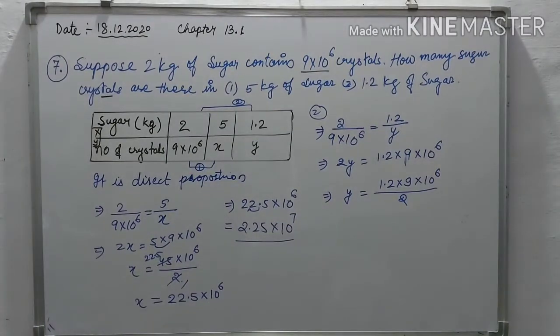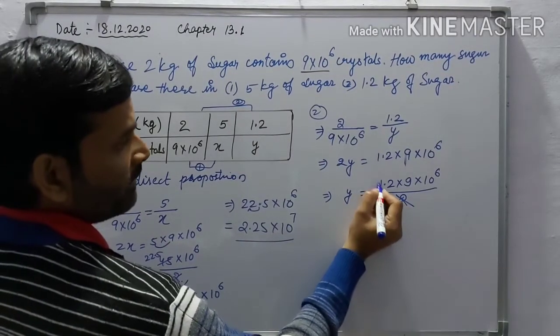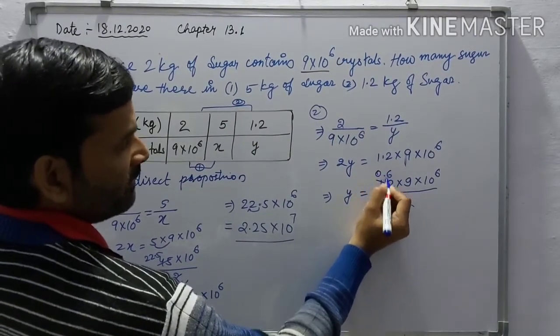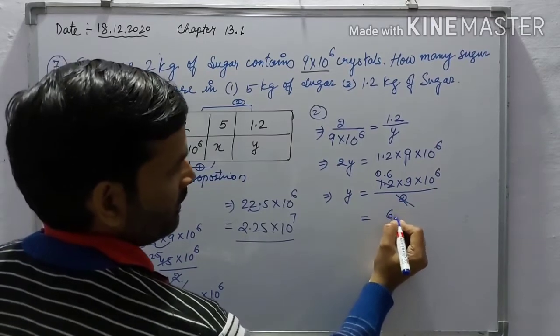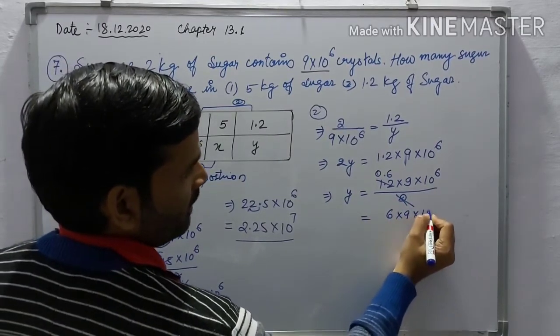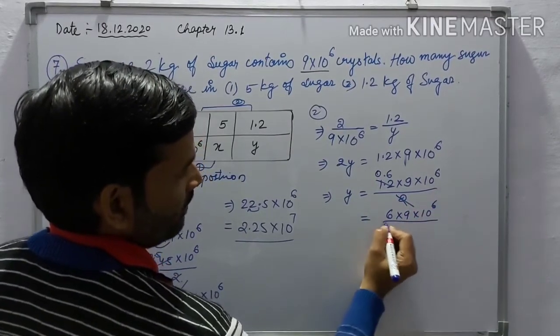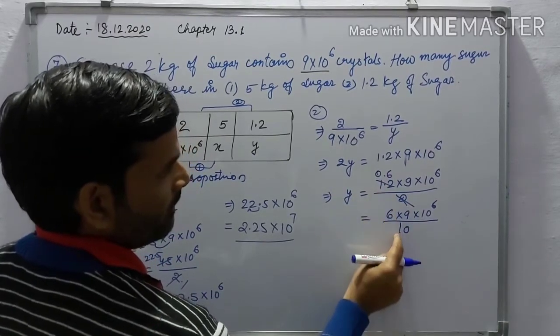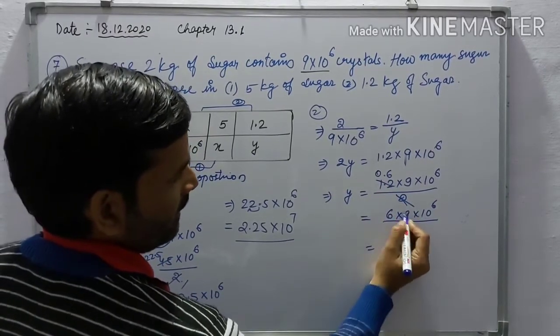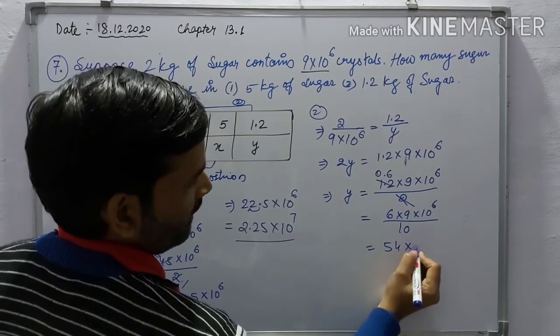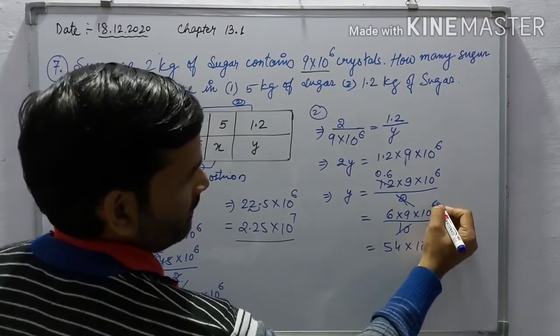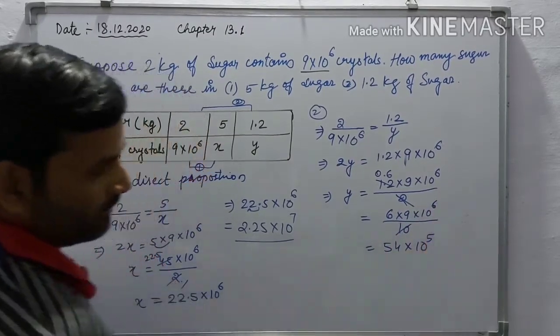Now 2 will divide 1.2, and after cancelling it is 0.6, and 0.6 into 9 into 10 power 6 is 5.4 into 10 power 5.